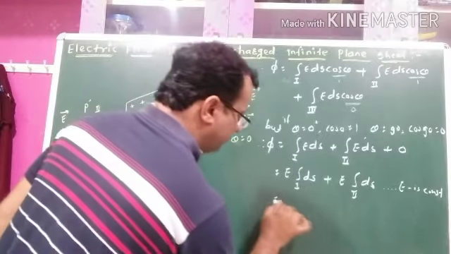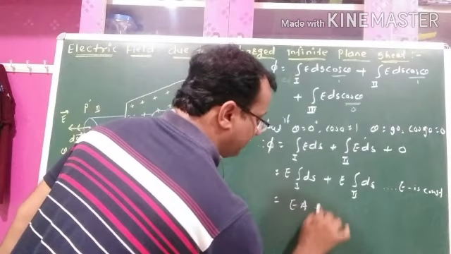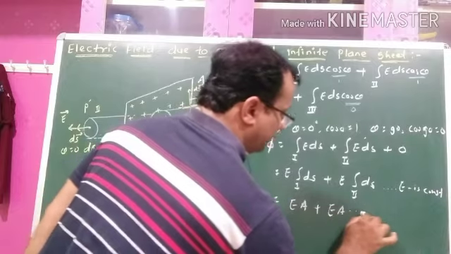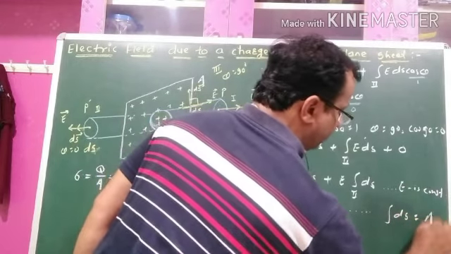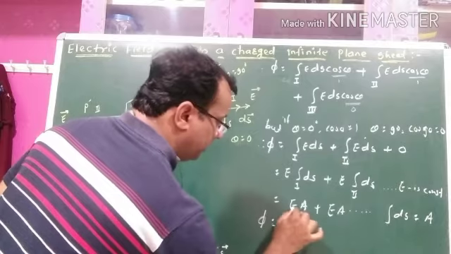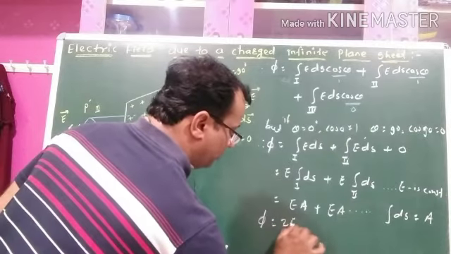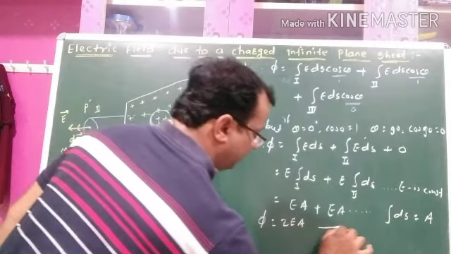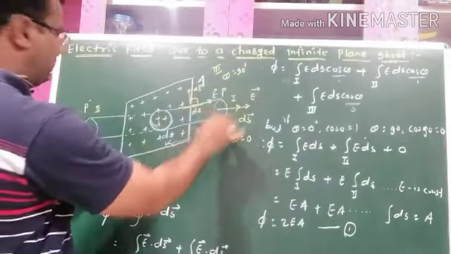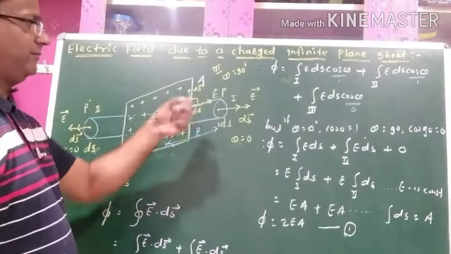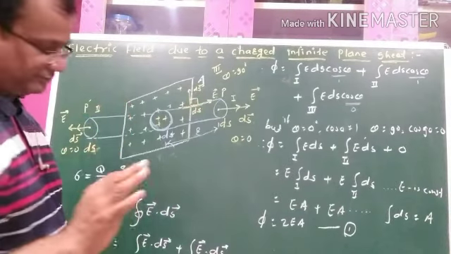So here we write E into A plus E into A. Here the integration of ds is equal to A. So phi is equal to EA plus EA, that is 2EA, right. Suppose this is equation number 1. This will be the value of electric flux through this area, that is the two areas, from the points P and P dash.